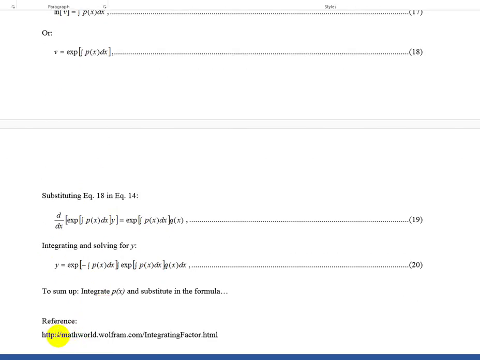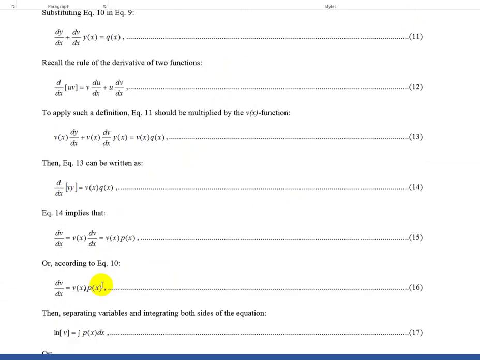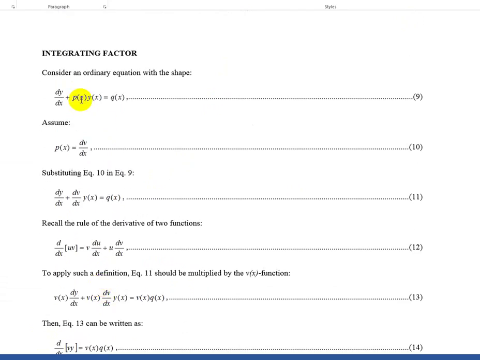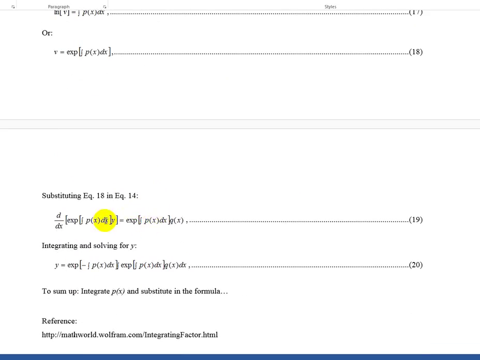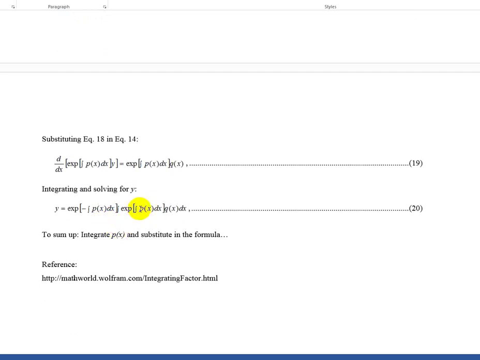So basically, to apply this method, we only have to integrate this term and substitute in the formula here, and that's it. Following this, you may need to integrate by parts in order to get the general solution.